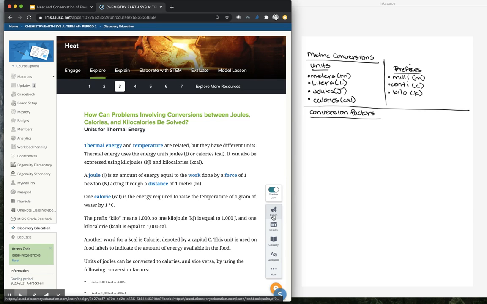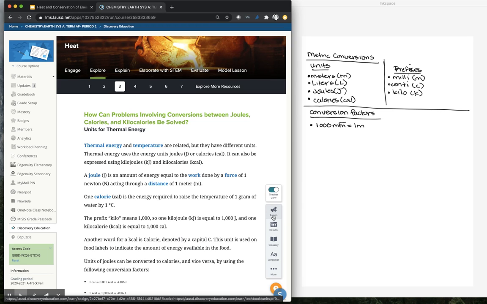So the three conversion factors that I recommend that you guys memorize would be, and I'm just going to use the unit meters to start off with, and that meters can be replaced with any of those units above. So, for example, the first conversion factor that I recommend you memorize is 1,000 millimeters is equal to 1 meter.